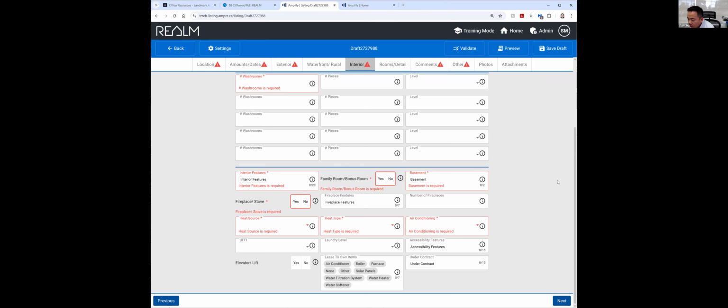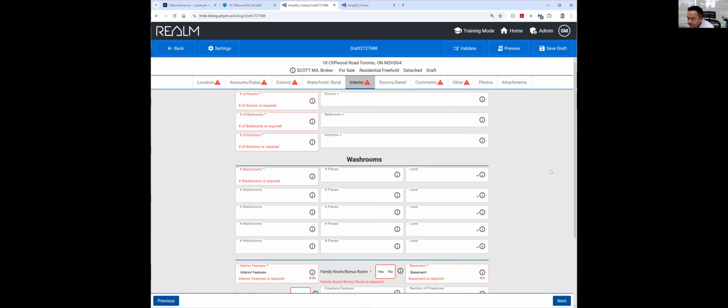We have another question in the chat. Can we get the data from land registry via Realm? As far as I know, some of the information in Realm does come from land registry.